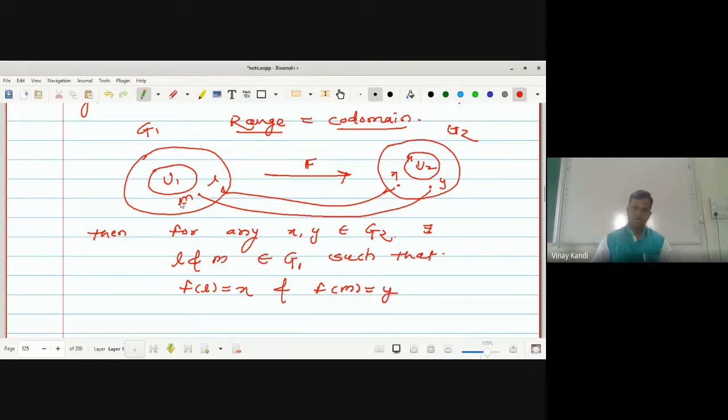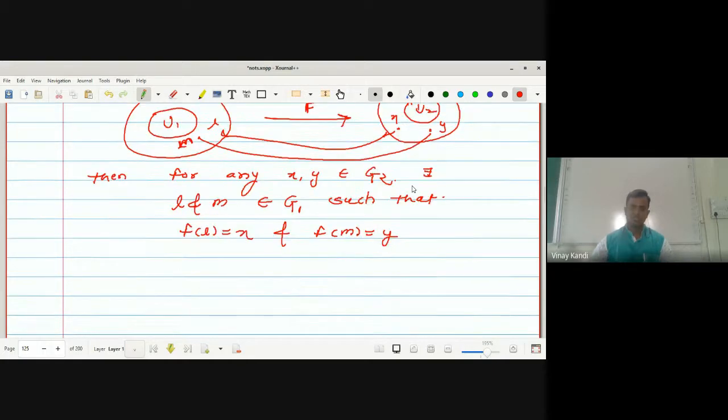If I apply f on m, it becomes y. Is it correct? Yes, sir. Now, what is U2? U2 is equal to {x y x inverse y inverse} such that x and y belong to G2. This is the set.